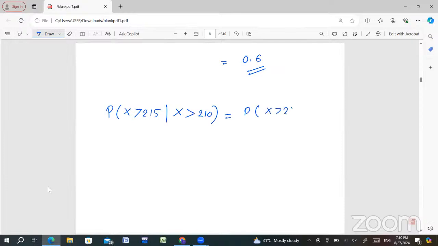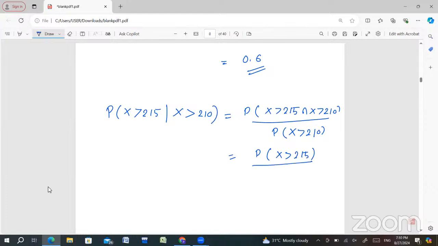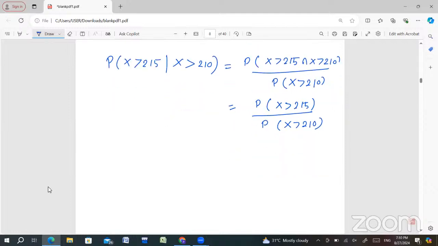So x is greater than 215 intersection x is greater than 210, divided by the probability that x is greater than 210. So we can write it as the probability that x is greater than 215, right? Is it clear? Yes, ma'am. Now you can use any method here. You can use CDF also, or you can directly integrate from 215 to the upper limit, which is 220 in the question.